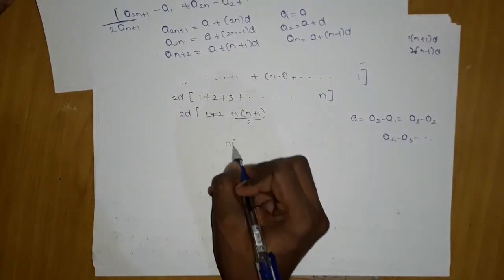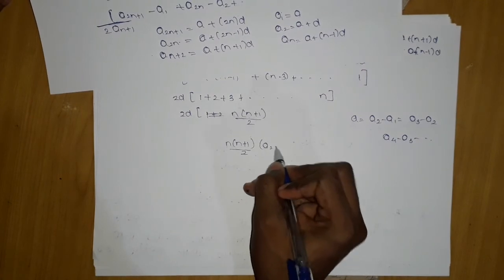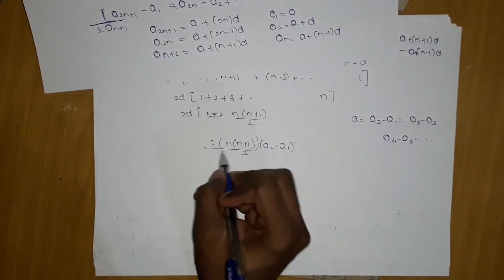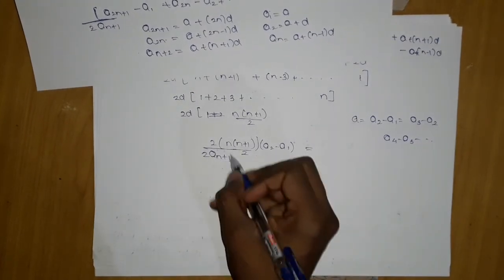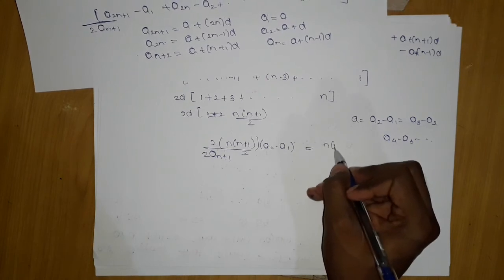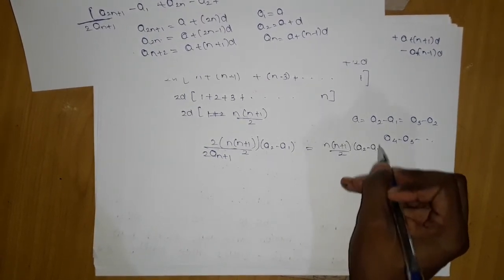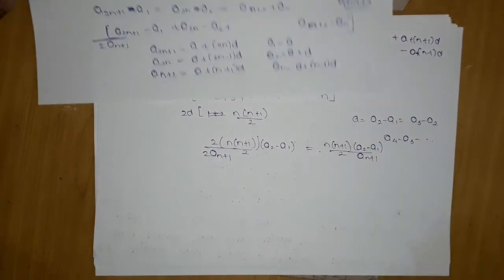So I will place it n into (n plus 1) by 2. One more thing, 2 is here, one more 2 is here, upon 2 into a(n plus 1), middle term. Then these 2 will cancel out, giving me my final answer, (n plus 1) by 2 into (a2 minus a1) upon a(n plus 1). Okay, so this is our answer.